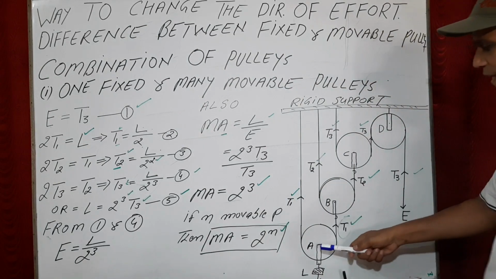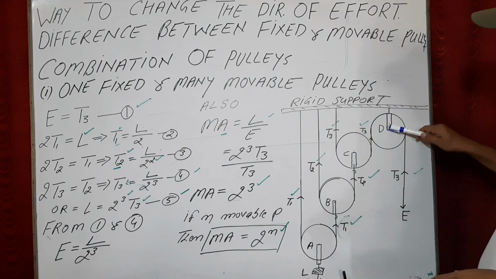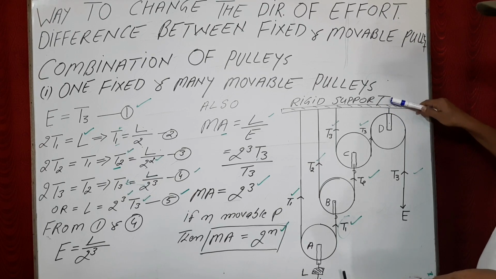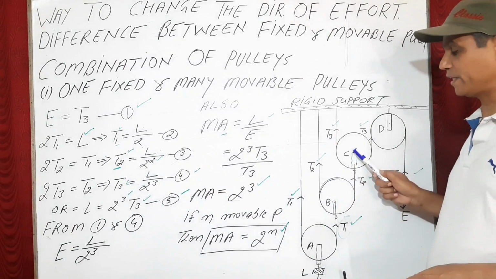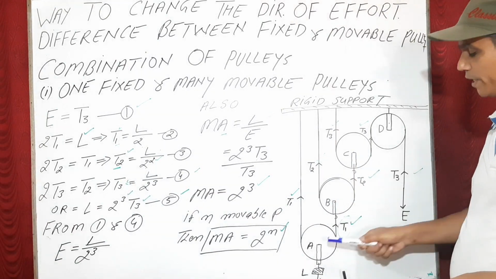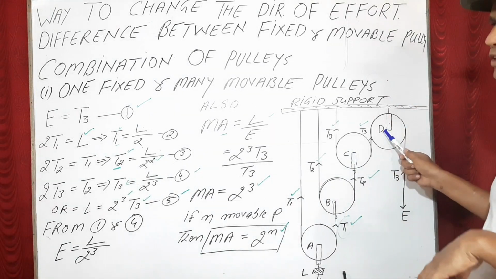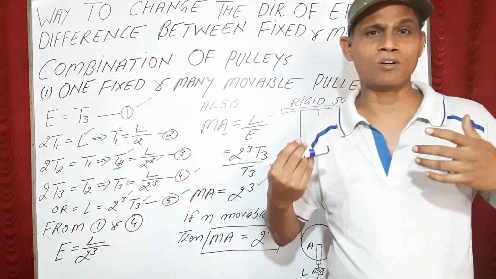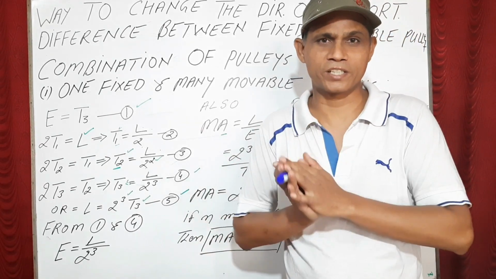You can see in the diagram here, you have this pulley D. This pulley is fixed to the rigid support over here, but you have A, B, C. These 3 pulleys are movable pulleys. So A, B, C are movable and D is fixed. Now what will be the effect of this? What will be the advantage of this that we are going to discuss today?